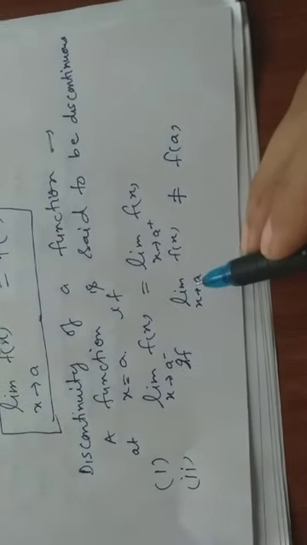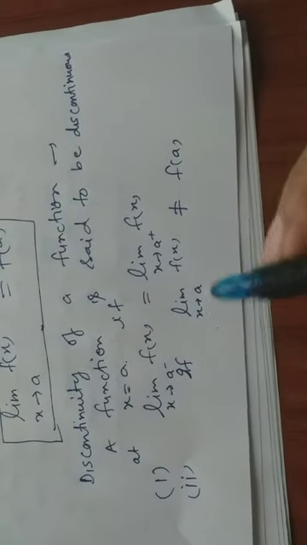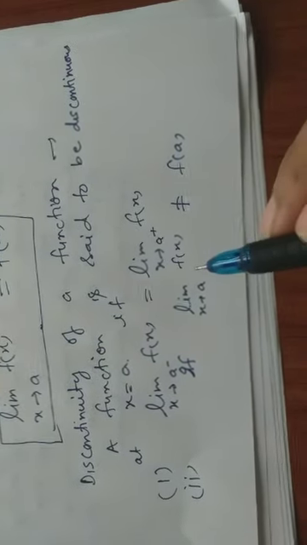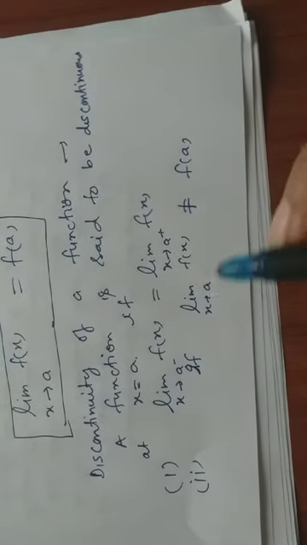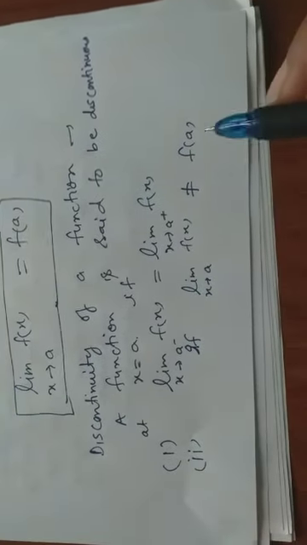That means the limit of the function exists, that is, the left hand limit and right hand limit of the function at x = a are equal, but the limit is not equal to the value of the function at x = a, then the function is discontinuous.